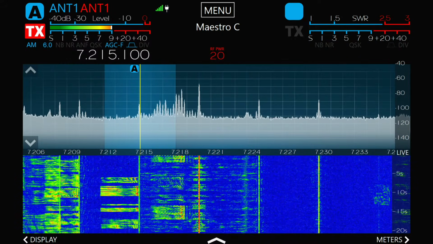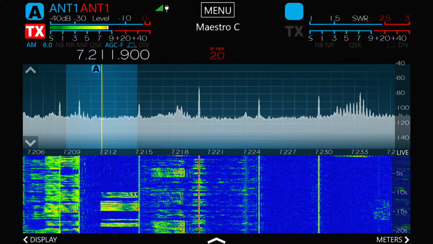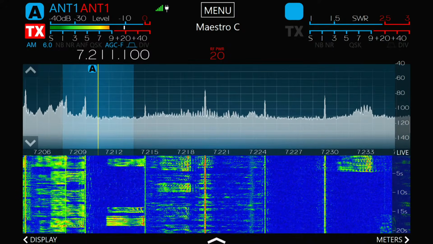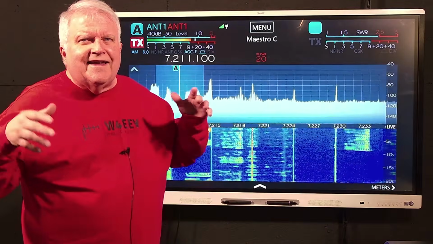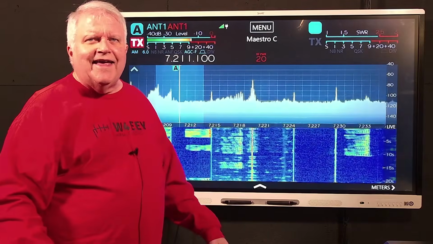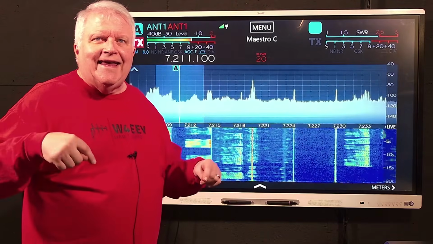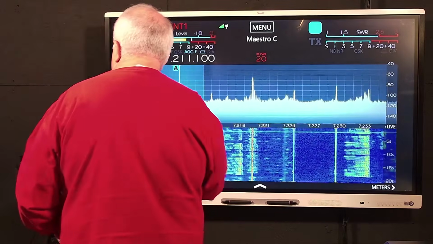Oh, of course, they went away. You hear that? If you can hear it, it sounds garbled. It's distorted. What the heck are they saying? That's because we're trying to receive single sideband in the AM mode on a radio. It won't work.